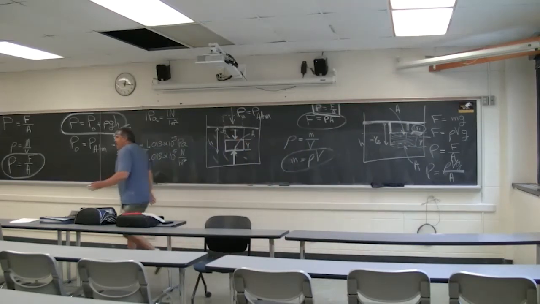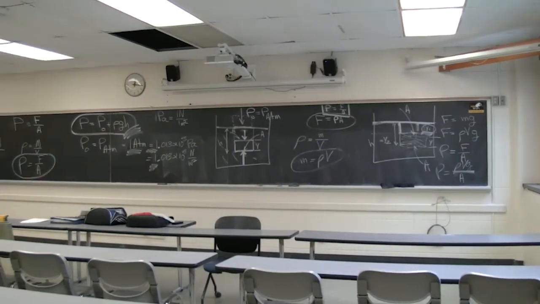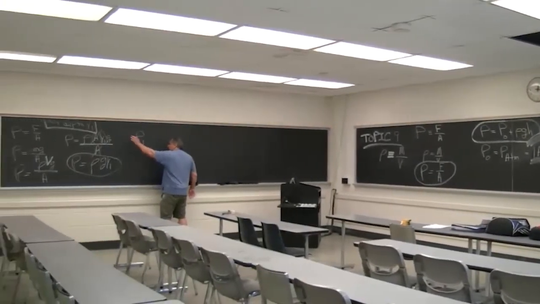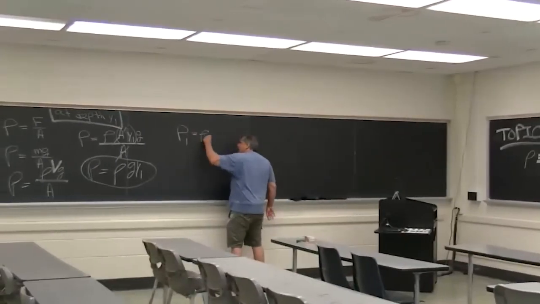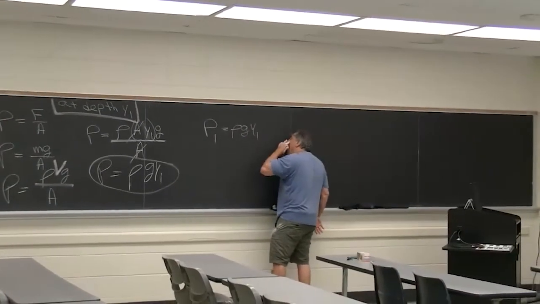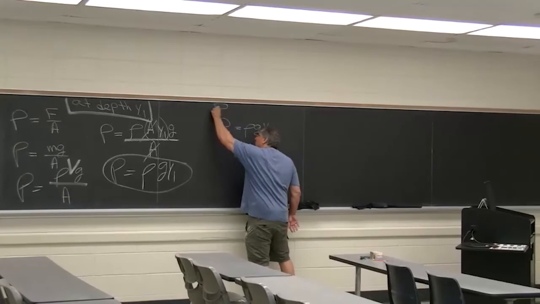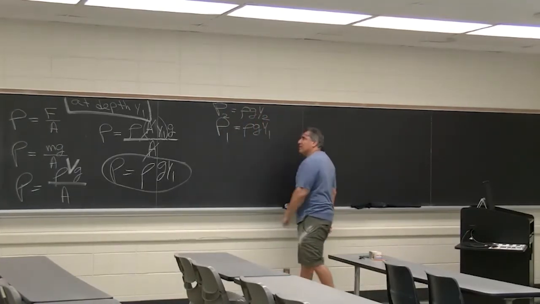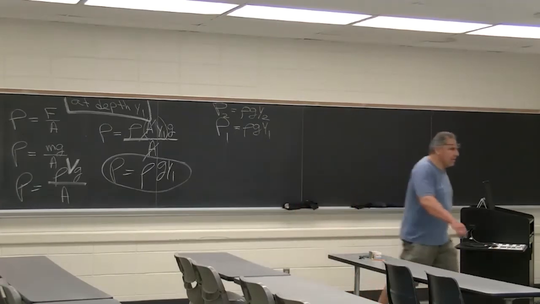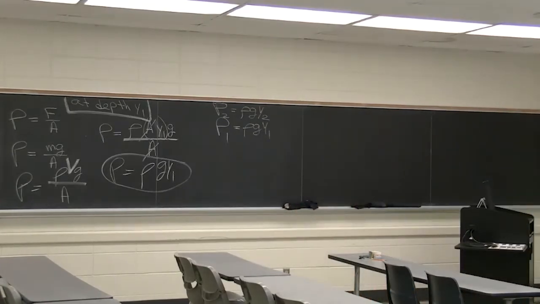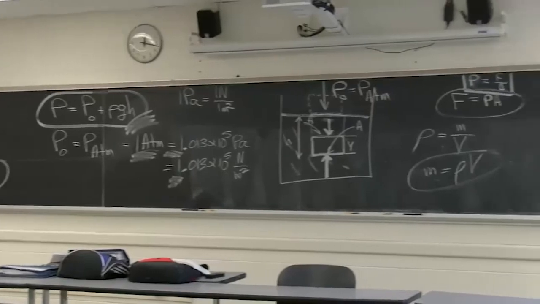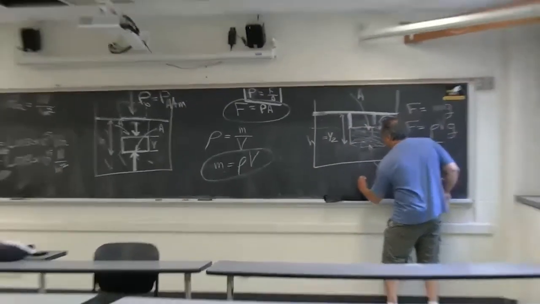So you could do the exact same argument, ladies and gentlemen. And you could say, well, P1, the pressure on top, is rho g Y1. The pressure on the bottom is rho g Y2. One goes down, one goes up. Now there's a pressure going up.